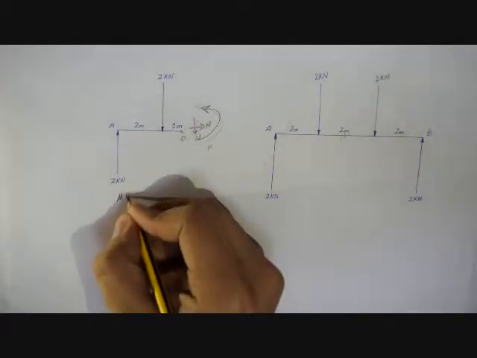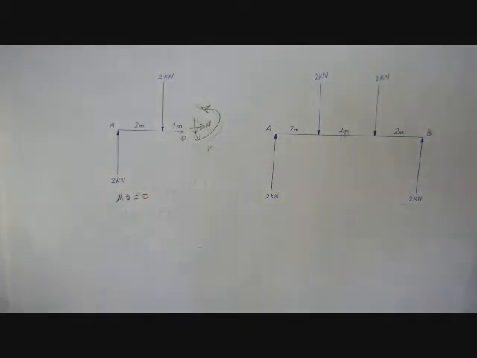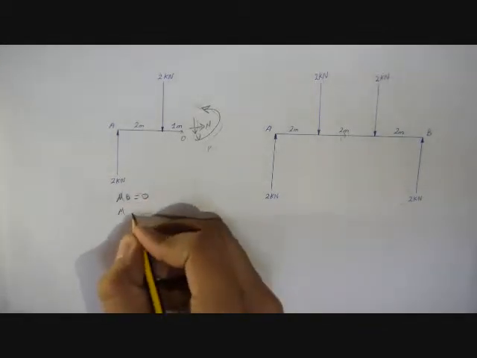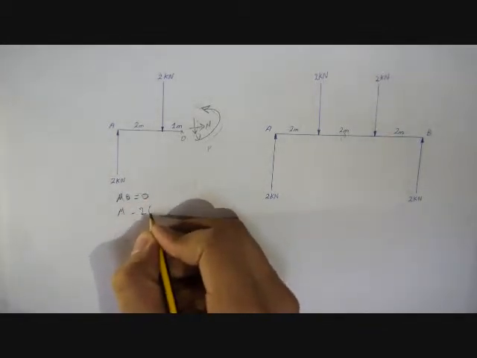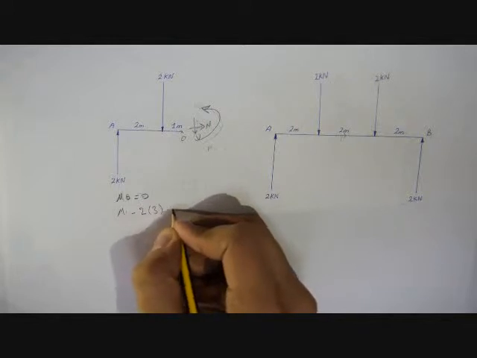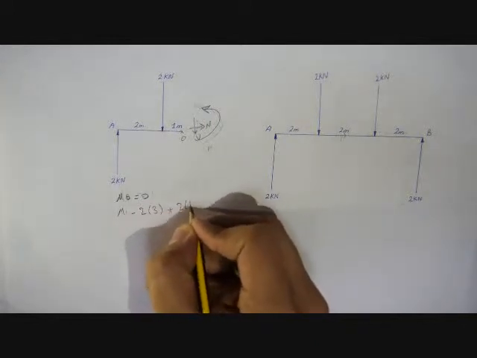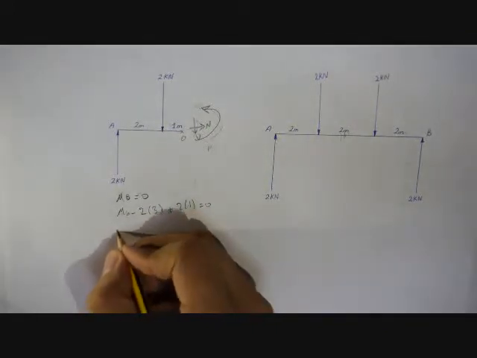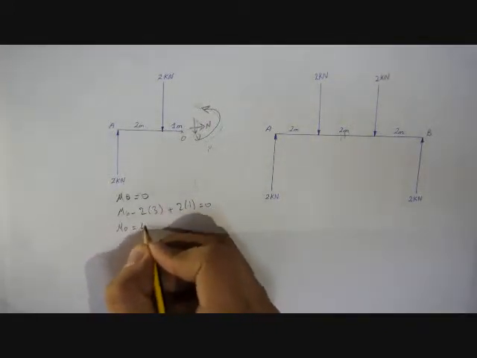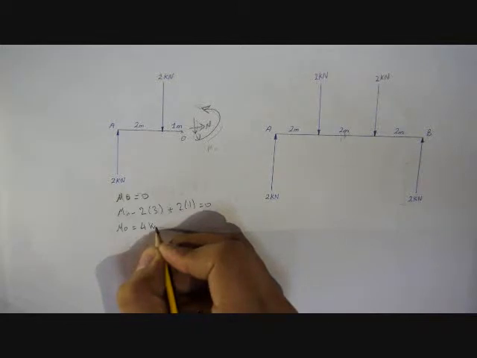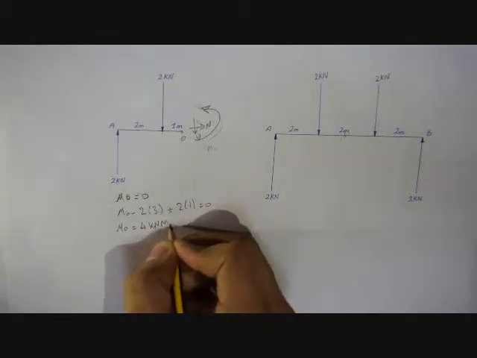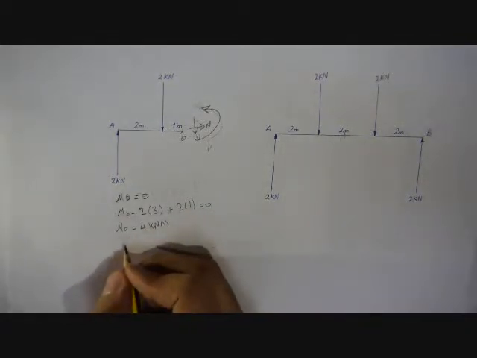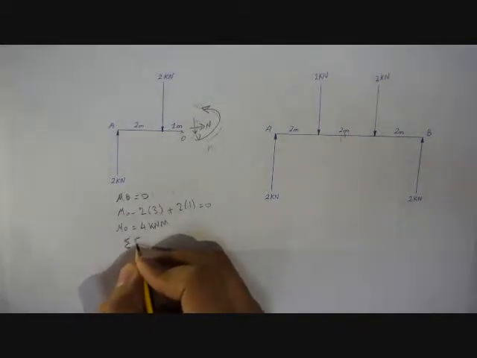The summation of moments at O equals 0. So MO minus 2 multiplied by 3, the distance, plus 2 multiplied by 1 equals 0. MO equals 4 kilonewton meter. Then the summation of forces in y direction equals 0.